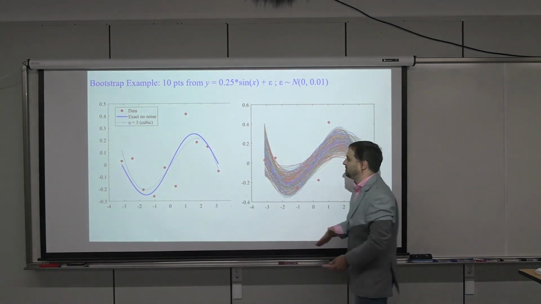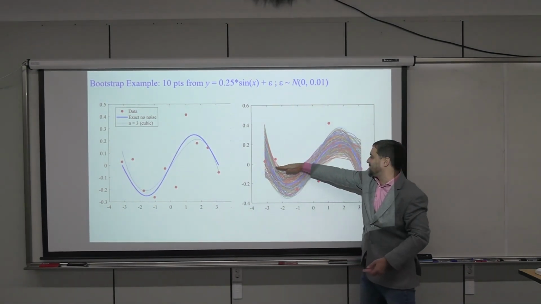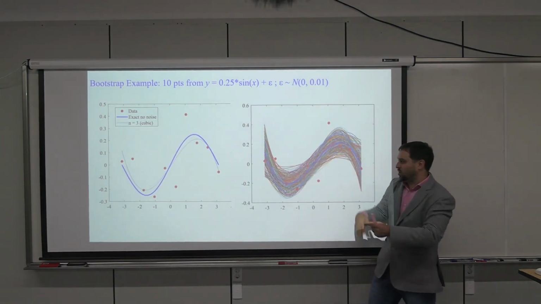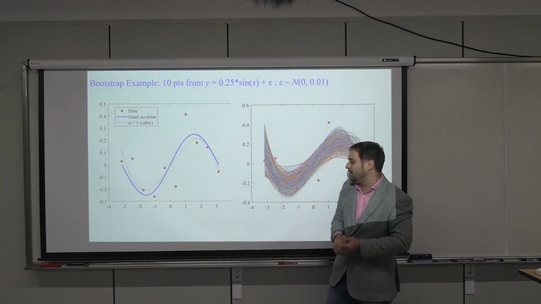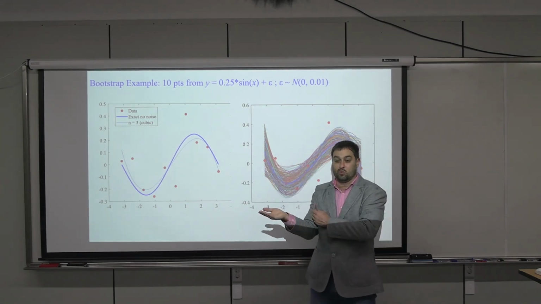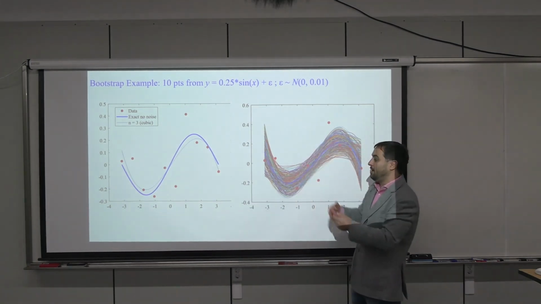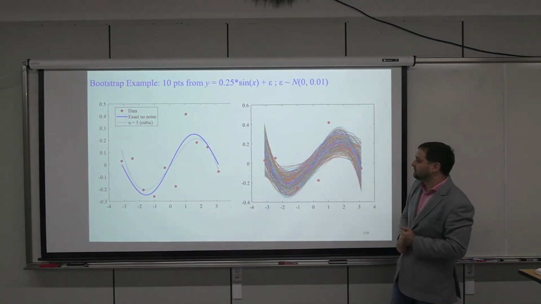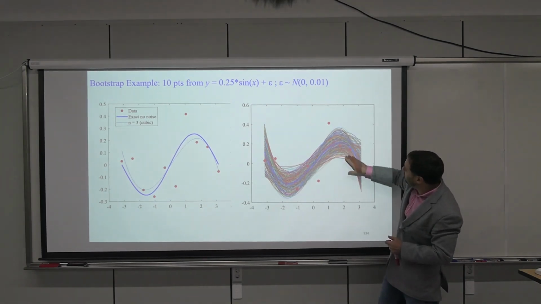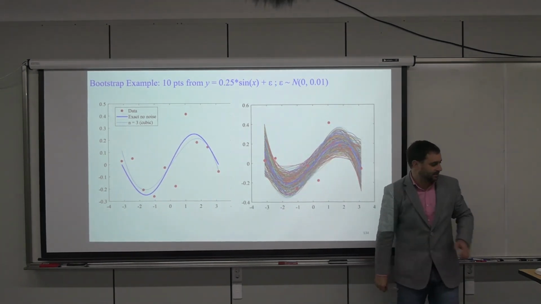There is one permutation where basically, that's actually this line here, there is a line that's going to be very, very flat. Not exactly flat, but there are certain combinations where all of the data points with negative sign residuals are now paired with a positive sign residual and vice versa. And that will tend to flatten. But you can see that almost all of these are still following a general sine shape.